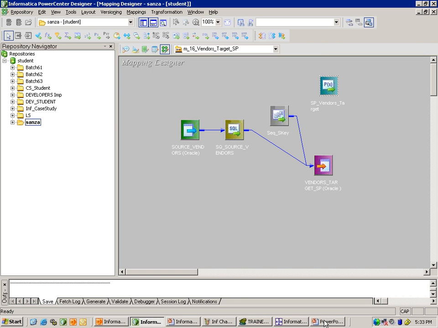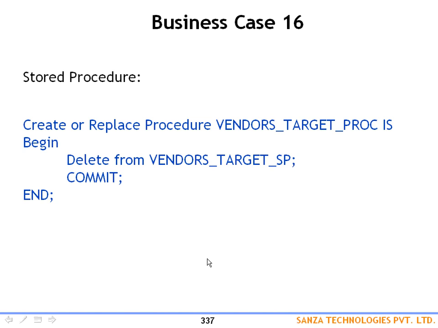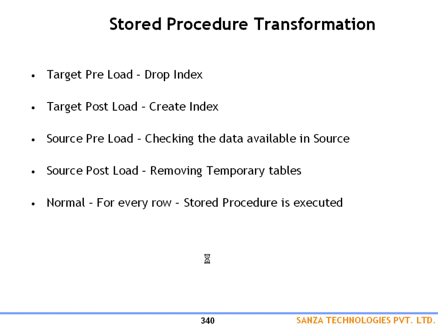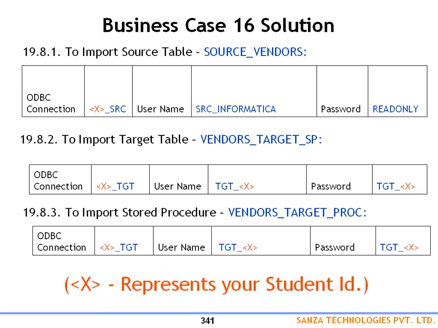So before I go further down, you write this down. Source is your SRC database, target is your TGT database, and to connect to that stored procedure which you have already created, that is the TGT database.